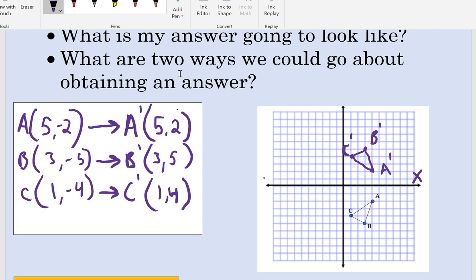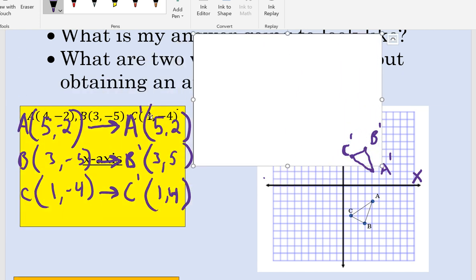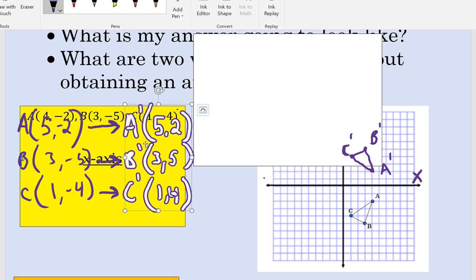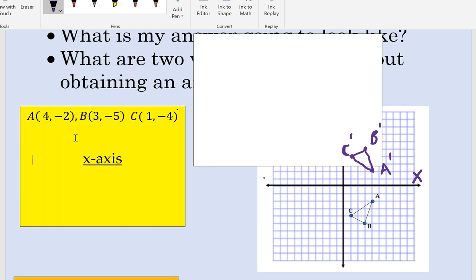Okay? So I'm just going to put this right here. When you reflect across the x-axis, you change the sign of the y, or change the sign of the y value.